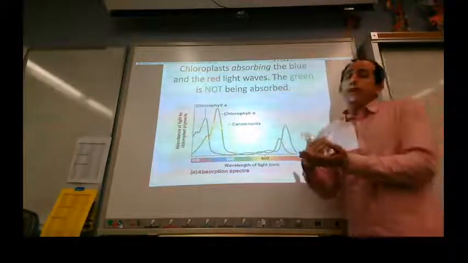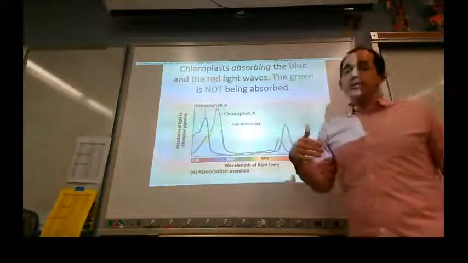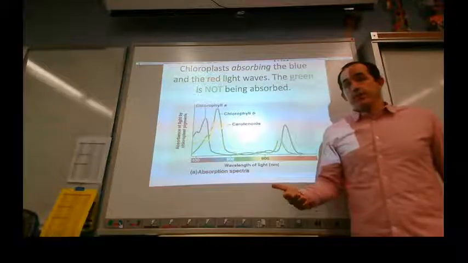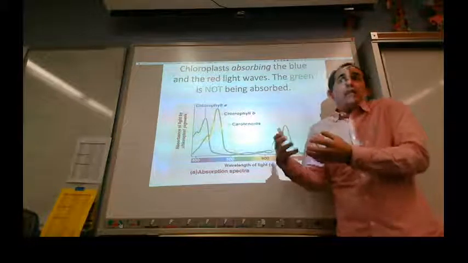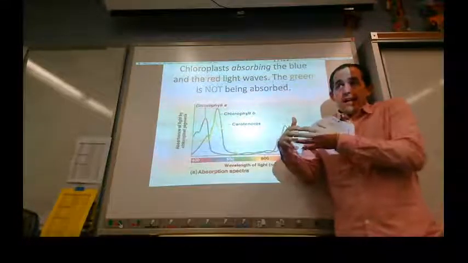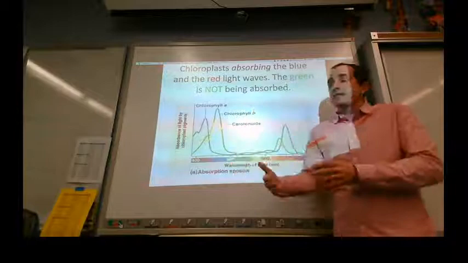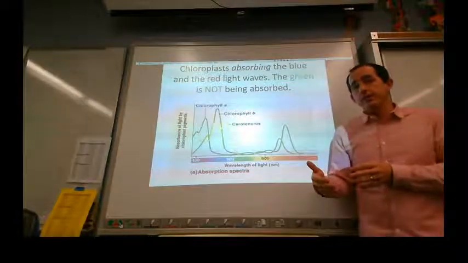As we move into fall, chlorophyll A and chlorophyll B start to break down, because there's a need for resources to make and keep those pigments fully functioning that plants don't have as we go into fall.